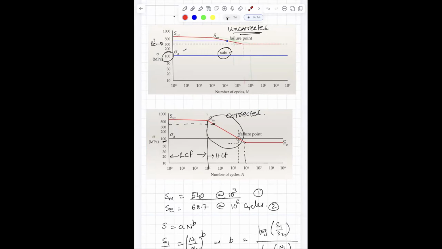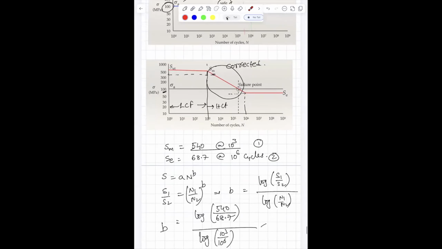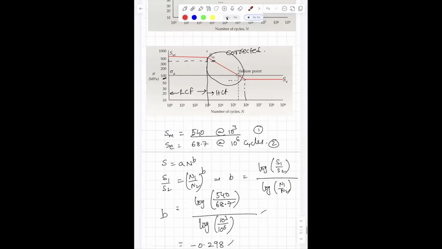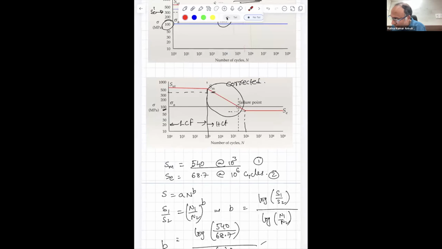By knowing this point and this point on a log plot, it's a straight line, and this is your equation. Now, all that you want to know is, what is my life at 100 MPa? On the y-axis, you look at 100 MPa, and wherever that line intersects the failure line, that will be my number of cycles to failure. Similarly at 400 MPa, the number of cycles to failure.